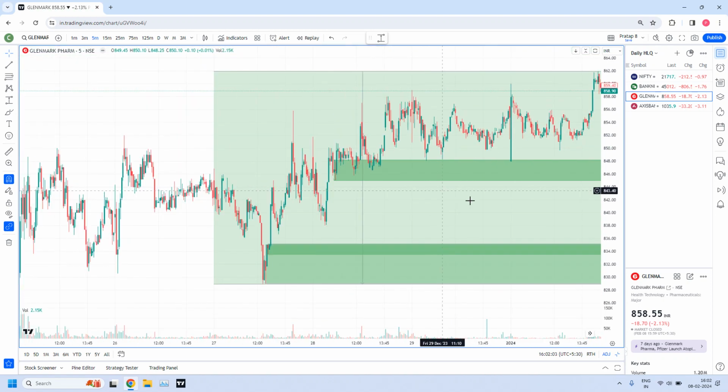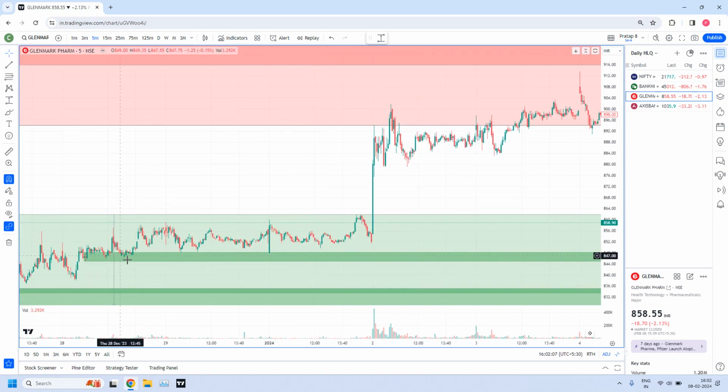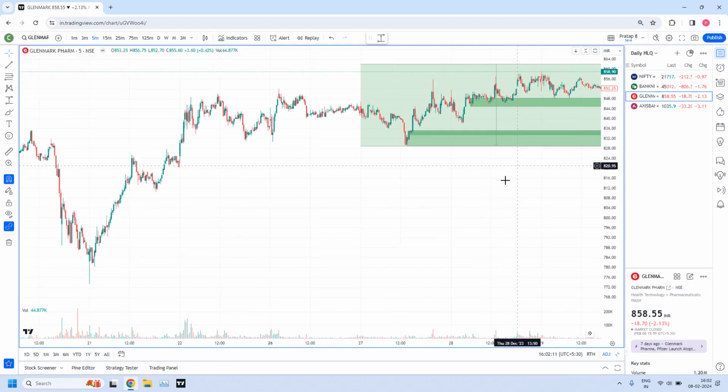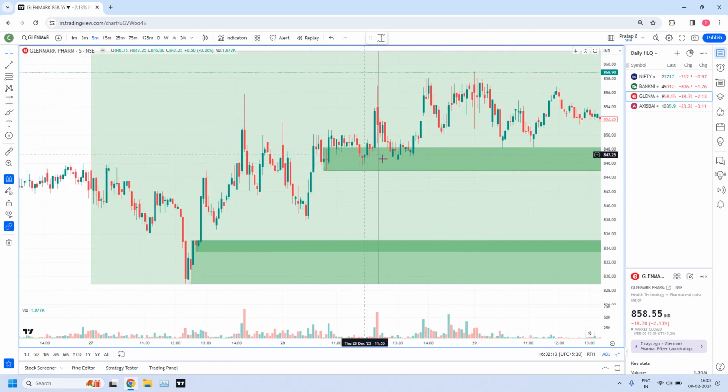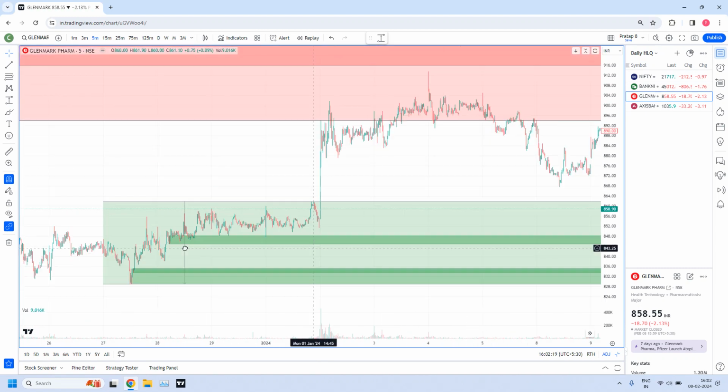See, several times it tested, because in this area, again and again, new liquidity is creating. New zones are getting created, and when new zones are getting created, new order flow is added into this zone. That's why it is very strong.